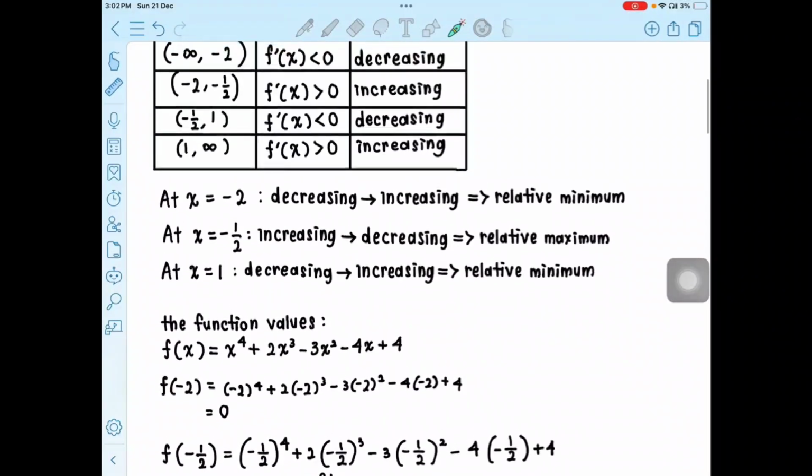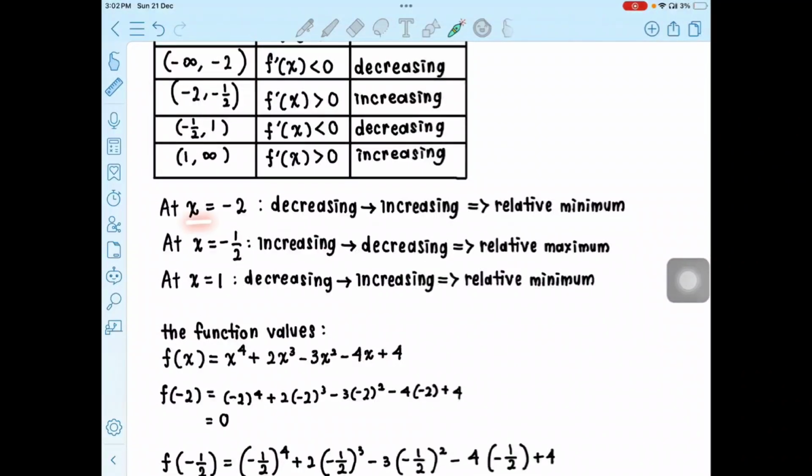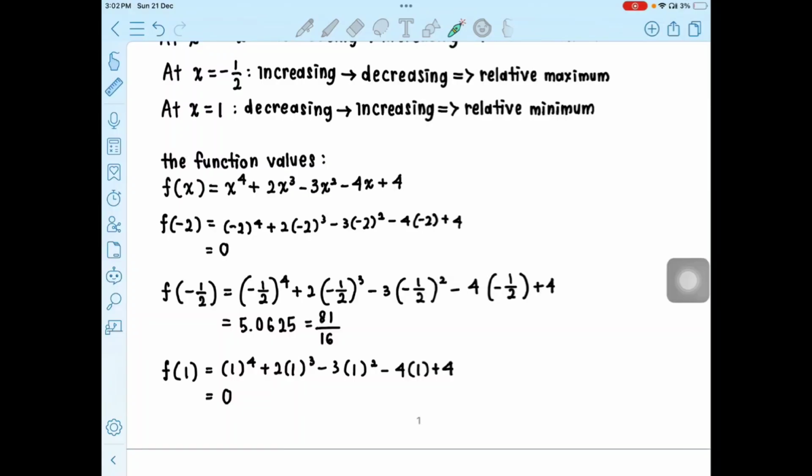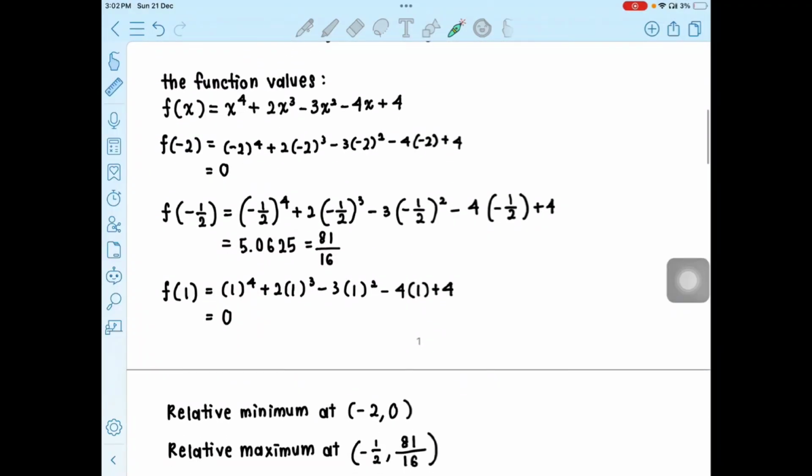From that, we get that at x equal to -2, it is a relative minimum. At x equal to -1/2, it is a relative maximum, and at x equal to 1, we get a relative minimum. Next, we have to find the coordinates. To find the y coordinate, we need to substitute the x value into the original function. When we substitute x equal to -2, we get y equal to 0.